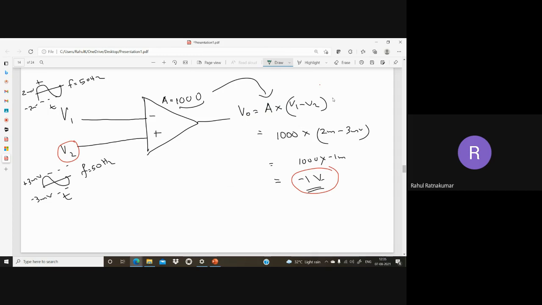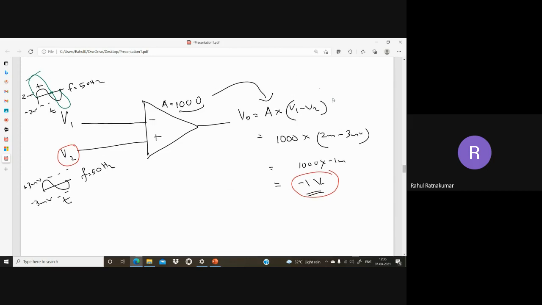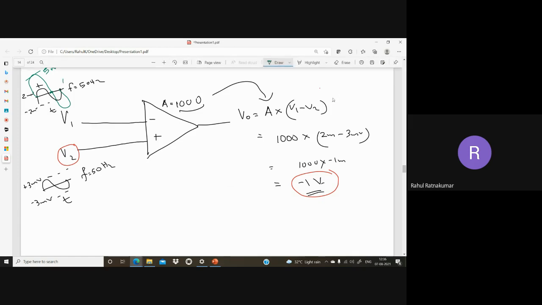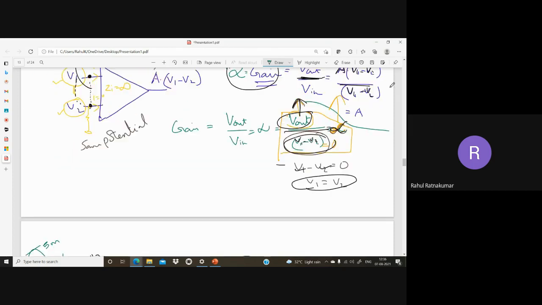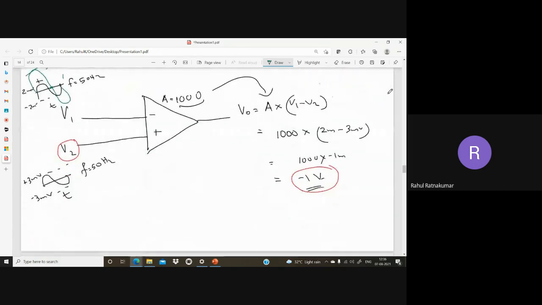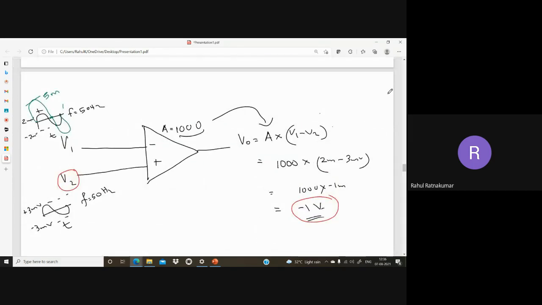Now, if instead of this I increase my V1 to 5 millivolt, same frequency, this is 5 millivolt plus and minus 5 millivolt. The frequency remains the same.